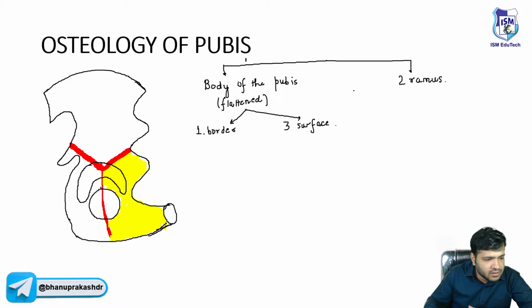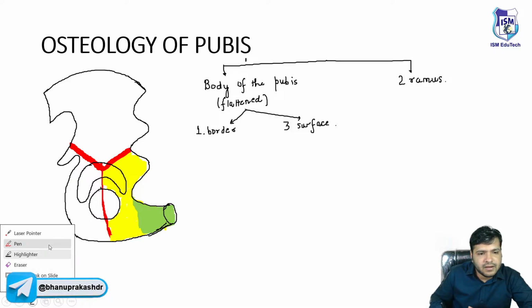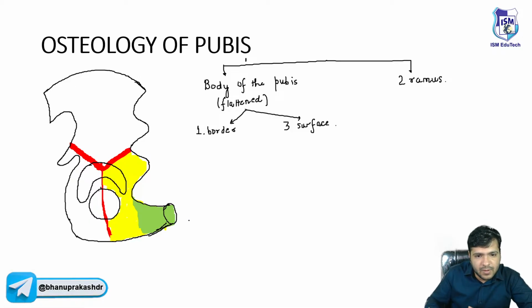Okay, if you want to highlight the body part, let me just highlight the body over here. So yes, this is the body part. Now, I'm just trying to show it in 1D beta that the body contains one border, and that border, which I am highlighting in dark, is called the superior border.